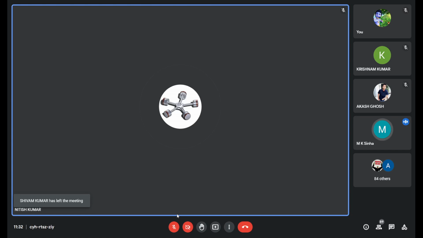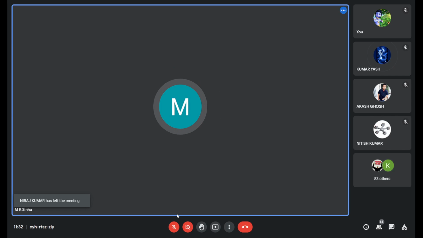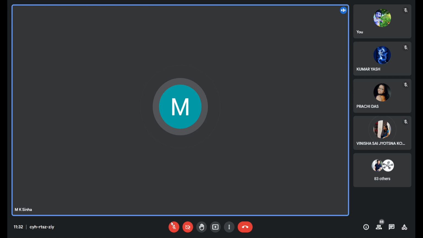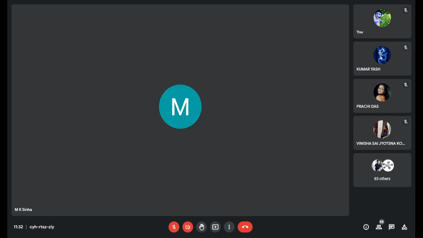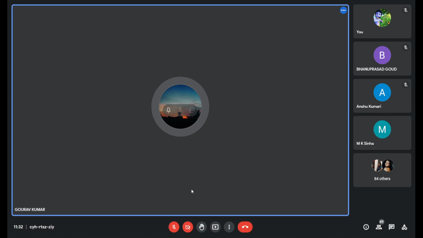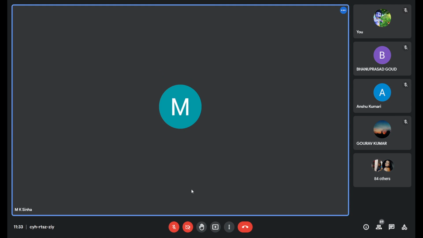Nitish. 62, 63, present, sir. 64, 65, present, sir. 66, present, sir. 67, 68, present, sir. 69, present, sir. 70, present, sir. 71, 72, present, sir.